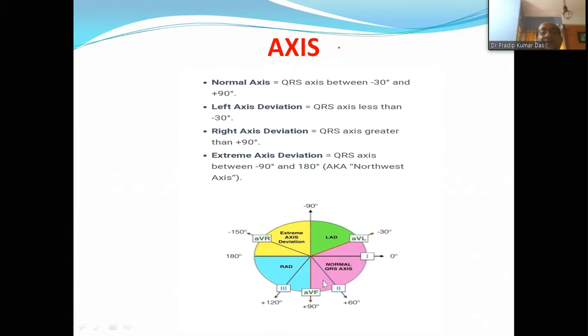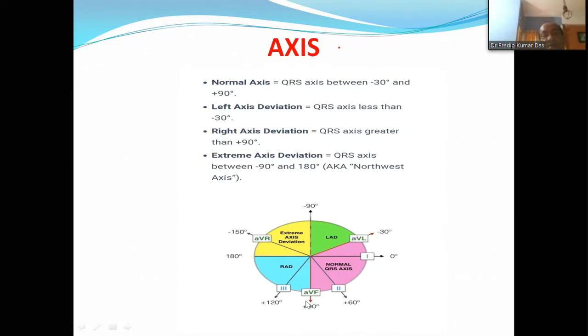In case of left axis deviation, the heart axis is shifted somewhat to the left: if it is less than minus 30 degrees, we call it left axis deviation.